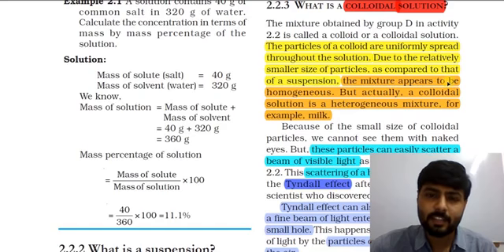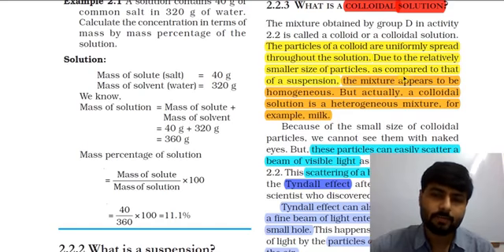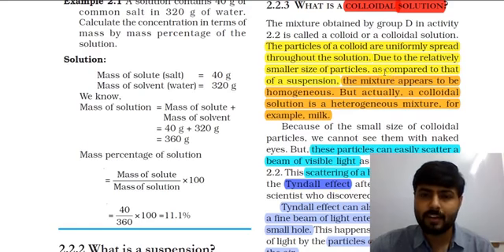In the last lecture, we have seen what is colloidal solution or what are colloids. We have seen that if we take water and mix in it chalk powder or wheat flour, the kind of mixture we have is suspension.